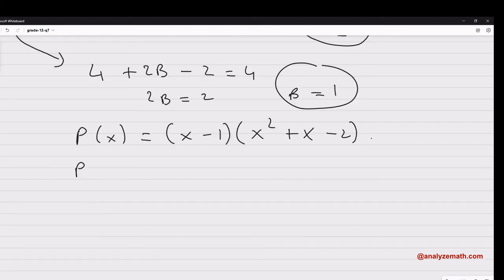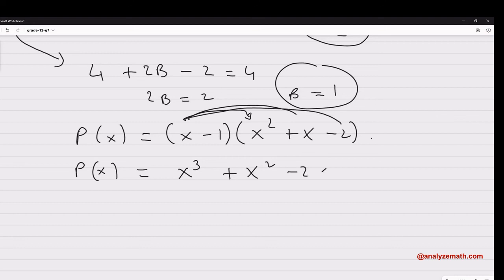Now let's expand the right side and compare the results with what we found in part 1, in the first part of the video. So that will give me x by x², x³, and then plus x², and then −2x when I multiply here.